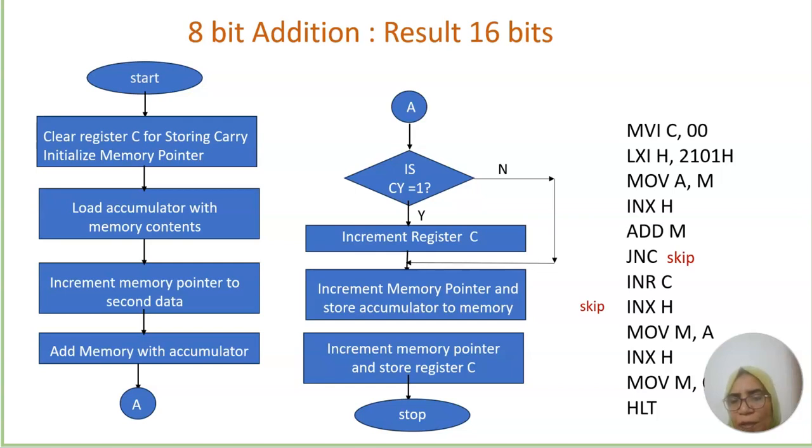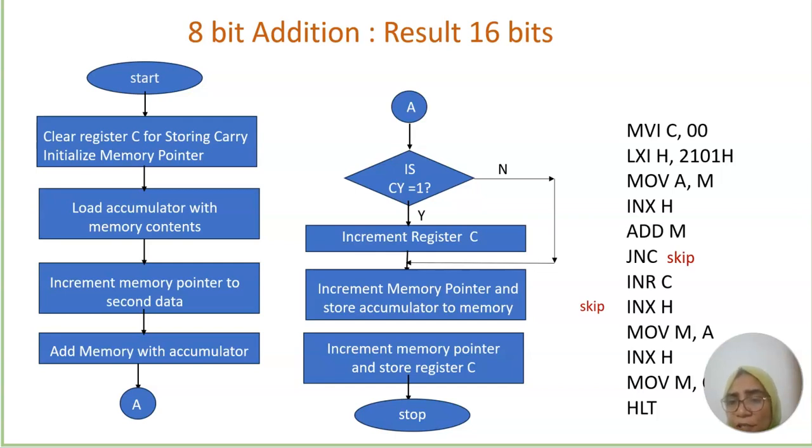For the addition operation, we can use the instruction ADD, followed by any register name or M. In our problem, the input data is given in memory locations, so we can use the instruction ADD M. For ADD M, one of the data is kept in the accumulator and the next in the memory location itself, and the result will be stored in the accumulator.